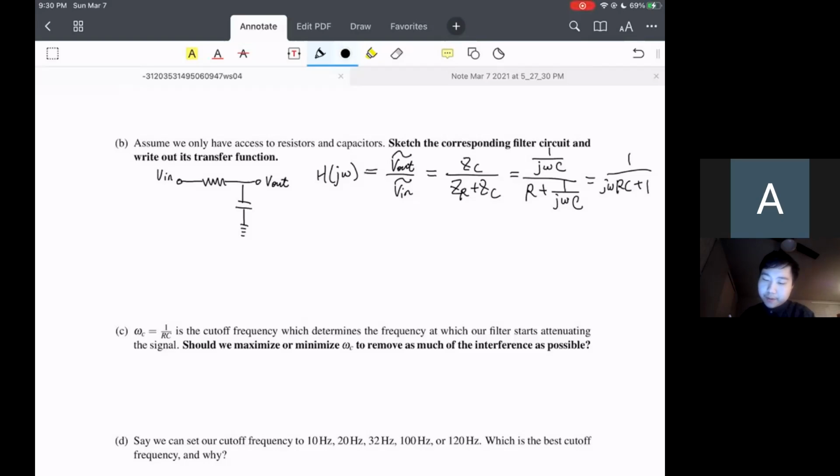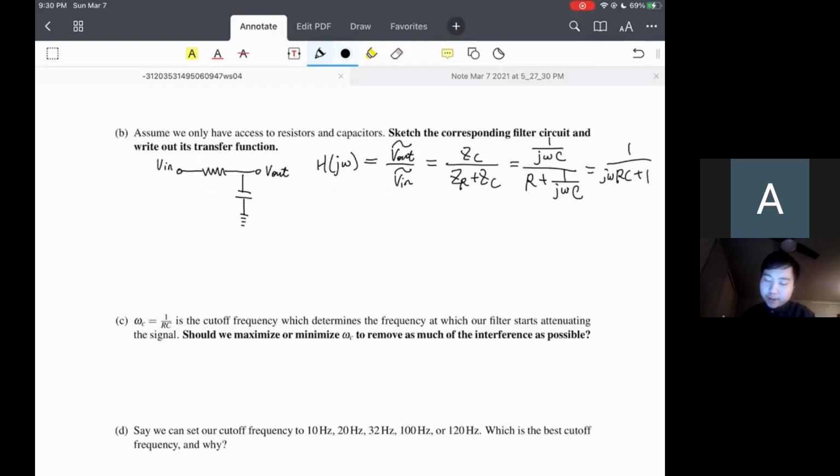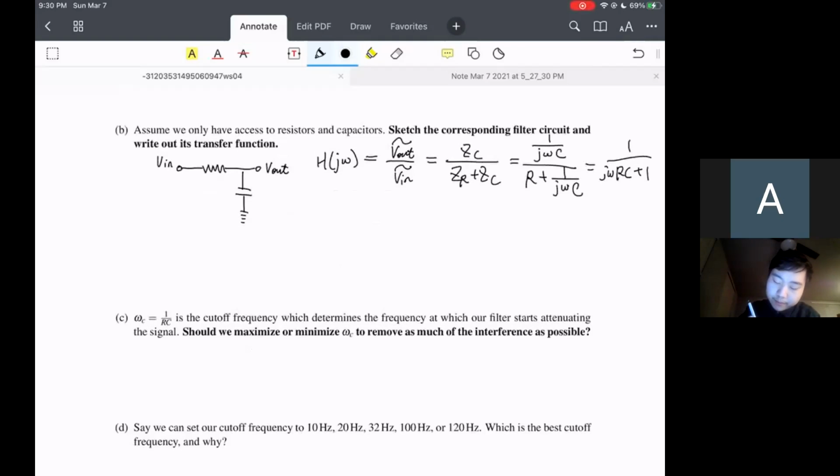So we know that if we think about the Bode plots, the magnitude plot, as omega increases, the magnitude of the transfer function is going to be, if we're on log scale, first stay at around 1, and then it's going to drop like a cliff.